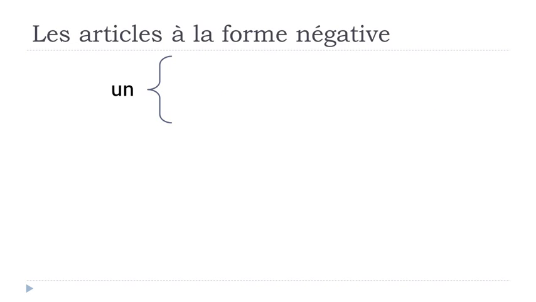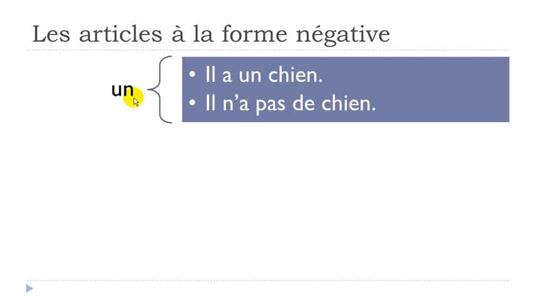Okay, so let's see the example for the article indéfini at the masculine form, like un, for instance. Il a un chien. Okay, un chien, a dog. And here we've got the verb avoir. So keep in mind that if you want to transform this sentence to the negative form, then il n'a pas de chien.